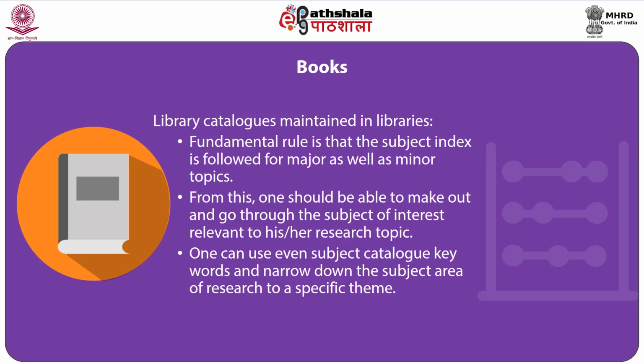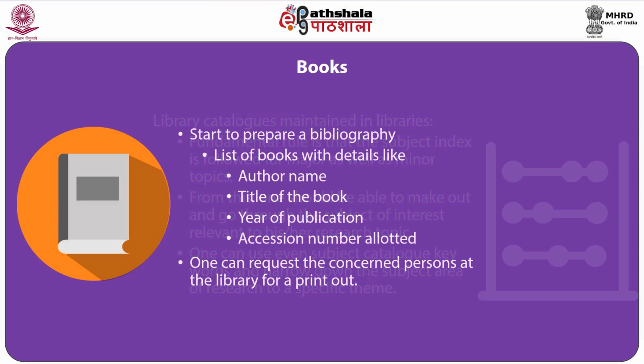One can use even subject catalog keywords and narrow down the subject area of research to a specific theme. Then one can start to prepare a bibliography or list of books with details like author name, title of the book, the year of publication, besides the accession number allotted by the particular library.